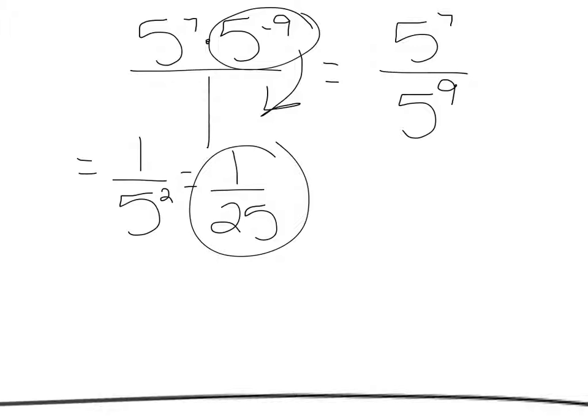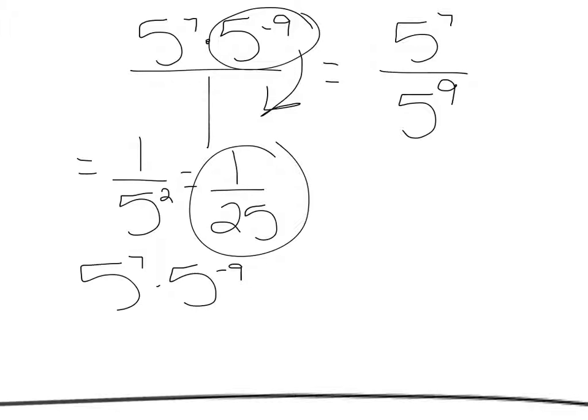The other way is if I look at my original problem, 5 to the 7th times 5 to the negative 9th, I'm multiplying powers. So I have the product of powers, and they have the same base. I have 5 as a base. If you are multiplying powers with the same base, what do you do with their exponents? Add them, right? You add them.